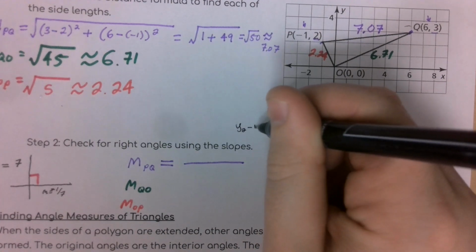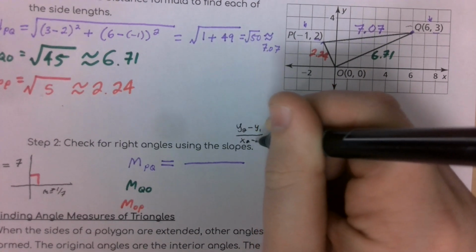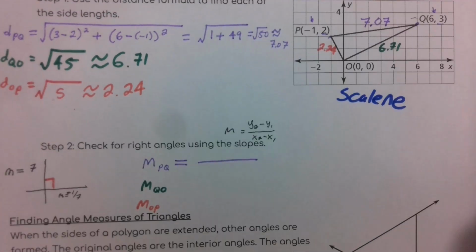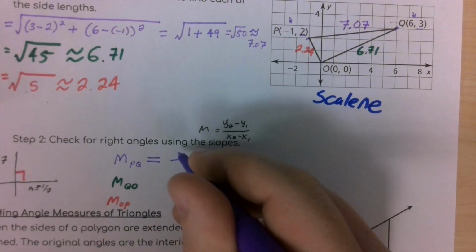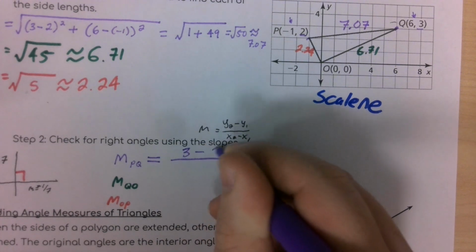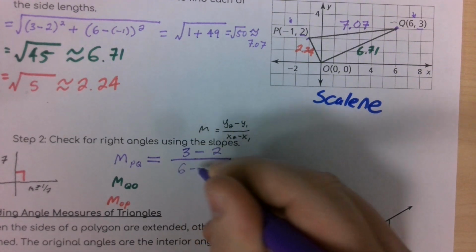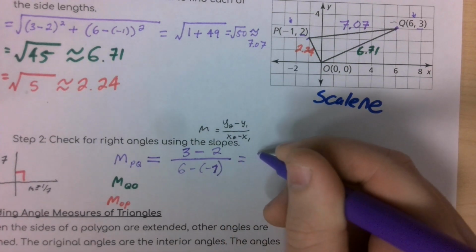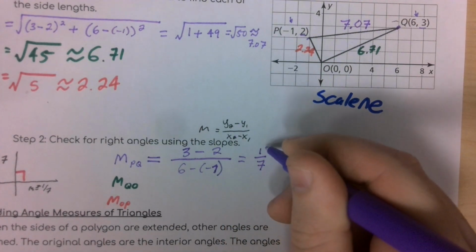The slope formula is y2 minus y1 over x2 minus x1, and that'll be m, our slope. I'm going to use the slope formula for this. So I do 3 minus 2 divided by 6 minus -1, and I get 1/7.